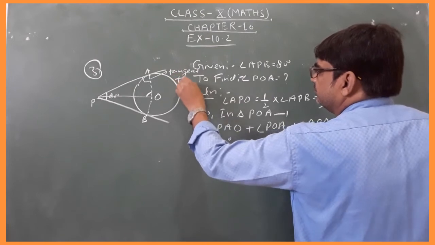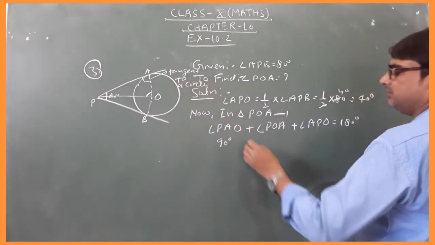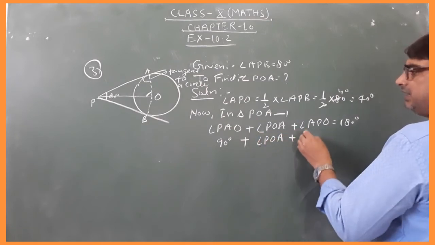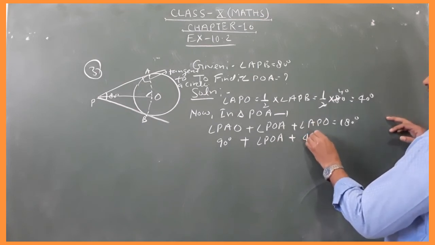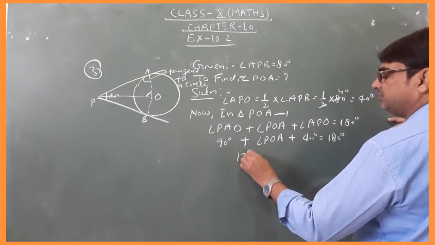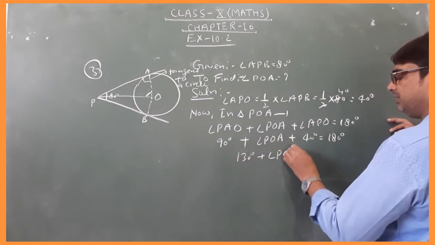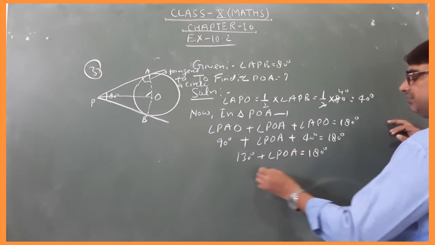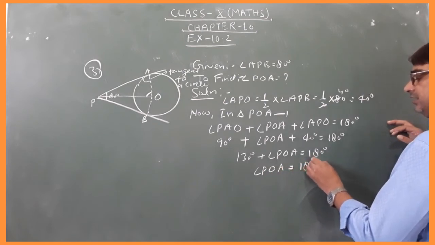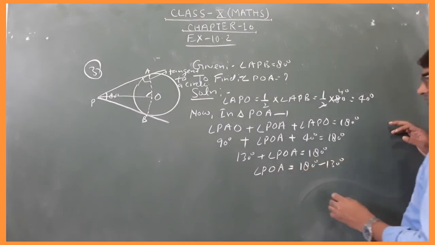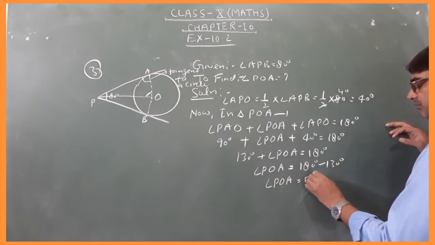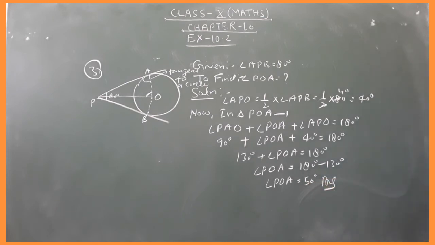Angle POA I don't know, and APO is equal to 40 degree, is equal to 180. So 90 plus 40 plus angle POA is equal to 180 degree. Angle POA is 180 minus 130, so angle POA is equal to 50 degree. Student, this is your answer.